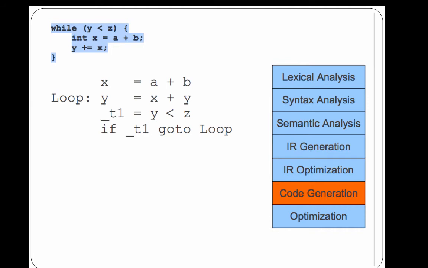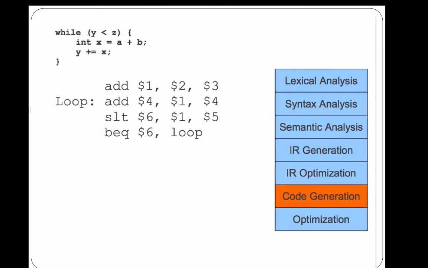The next step is to generate code. This step shouldn't be terribly difficult, because the IR code is already fairly close to the object code or the target language code that we're trying to generate. But here's an example of what it might do.